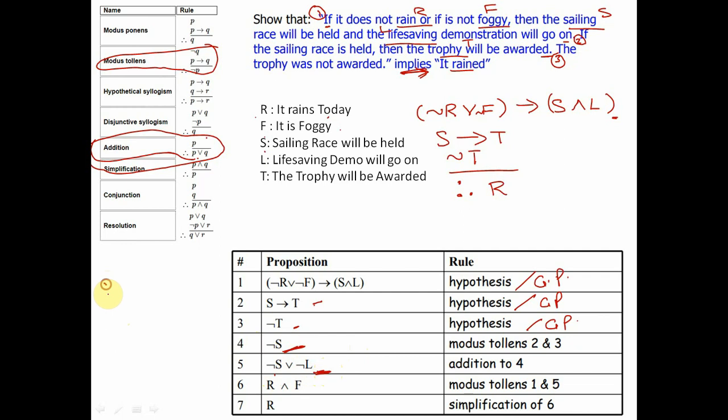Now remember De Morgan's law. De Morgan said negation of A or B is equivalent to negation of A and negation of B, and negation of A and B is equivalent to negation of A or negation of B, right?